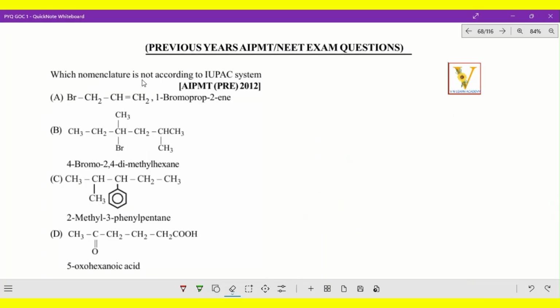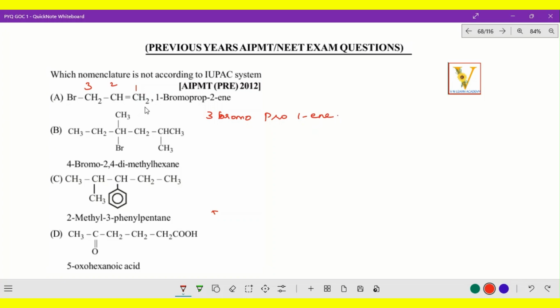Which nomenclature is not according to the IUPAC system? First, BrCH2CH=CH2, named 1 bromo prop 2 ene. Let us give the numbering: 1, 2, 3. The bromo substituent is attached to the third carbon, and we give priority to the double bond, so it is 3 bromo prop 1 ene.